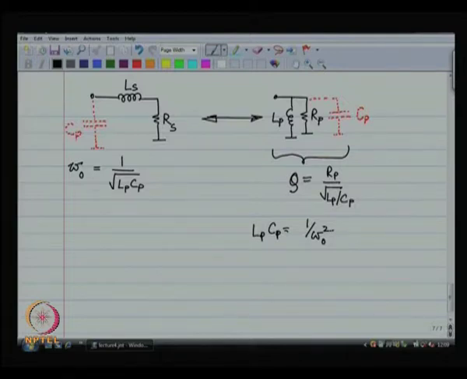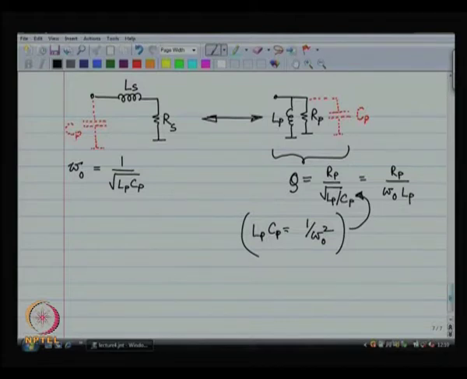So, Cp is really 1 by Lp times omega 0 squared. So, you plug in this. Fine. So, this is the quality factor of my network.